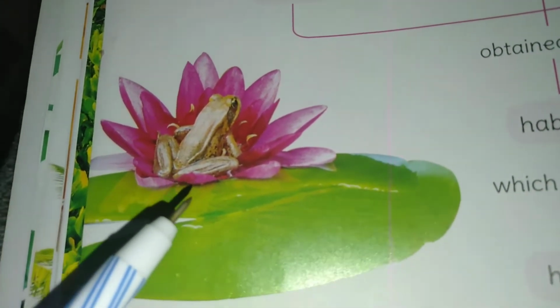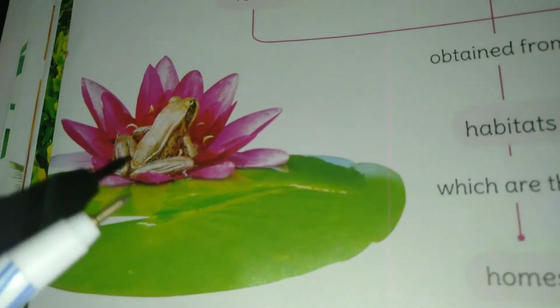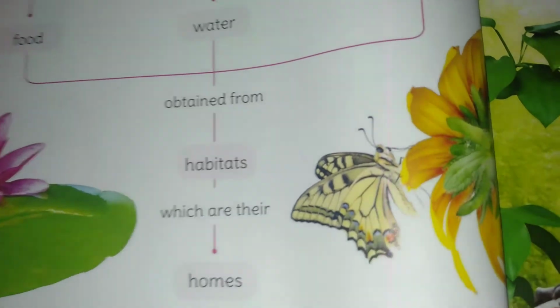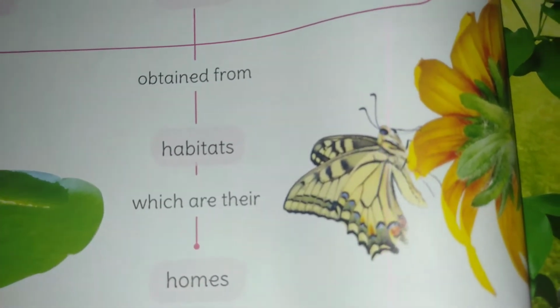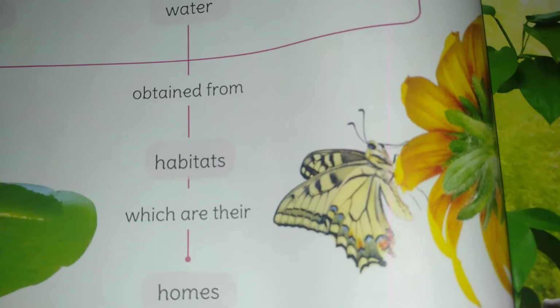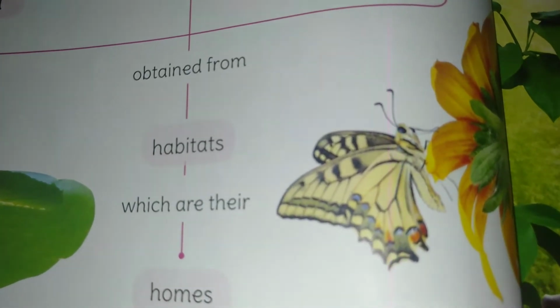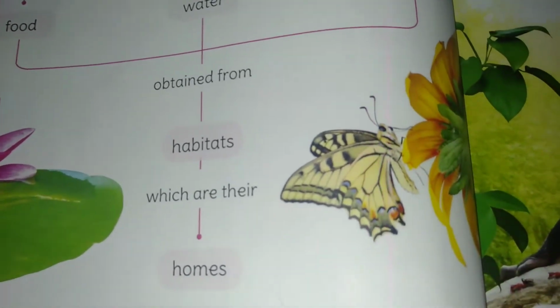The home of the frog is in the water lily and in the water, because they need a place that has water and is not hot. They love a cool place. How about the butterfly? The butterflies love to go to the flowers because they need the pollen grains for their food.